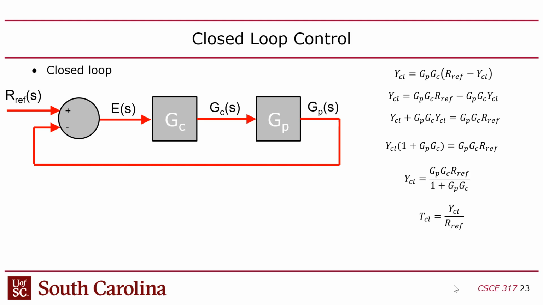And so what we really want to know when analyzing this is, is this whole thing going to be stable, where Y is the output and the input is our ref? That makes sense? So in other words, I just need to rewrite this. So what I need is YCL over RF. Because I don't have RF over here. I mean, basically, I don't have RF in the denominator on the left-hand side.